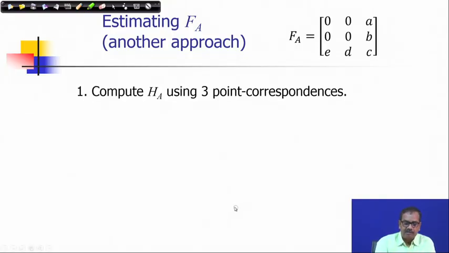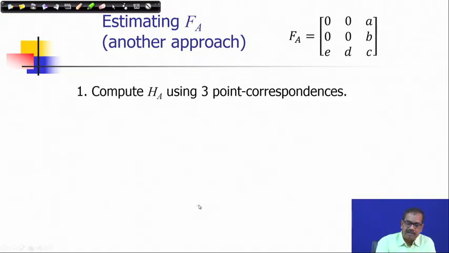Here, we can compute the homography induced by a plane by using 3 point correspondences. So, minimally we require 4 point correspondences. So, we have seen already that this homography would also be an affine homography, and for that 3 point correspondences are sufficient to compute it.